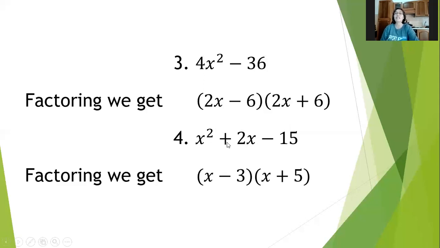Since the sign of the middle term is positive and that is 2x, see to it that the sign of 5 is positive. X times 5 is 5x. Negative 3 times x is negative 3x. 5x minus 3x is equal to positive 2x. Therefore, you have to check this factor using the FOIL method as we discussed last time. Okay?